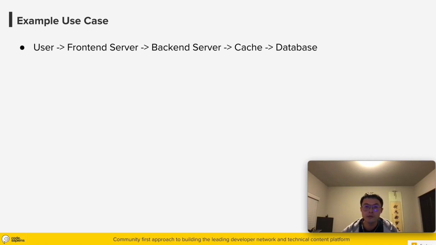So what we can do is introduce a cache in between the backend server and the database. One choice for this cache is, of course, Redis. In Redis, we can cache the database query results. That's just one single case where we use Redis, and of course, there are many other use cases where we can use Redis as cache as well.